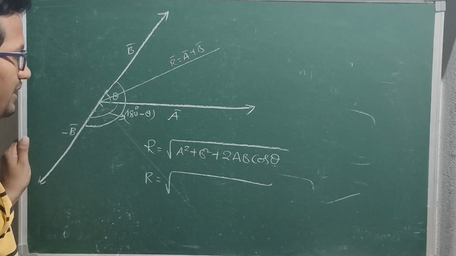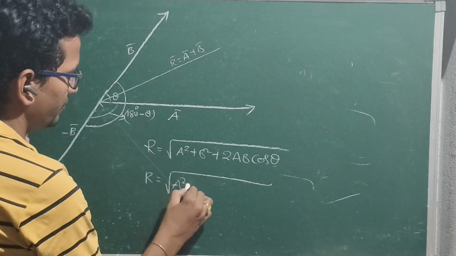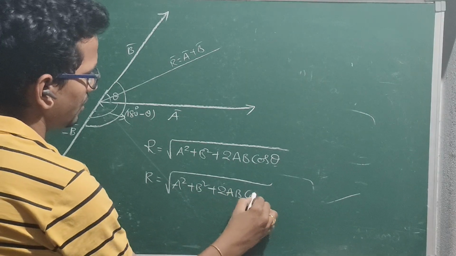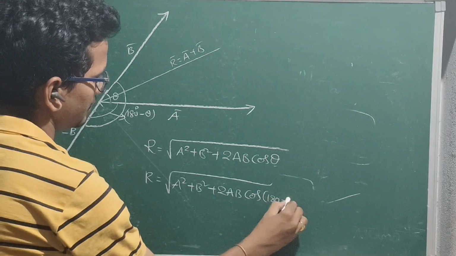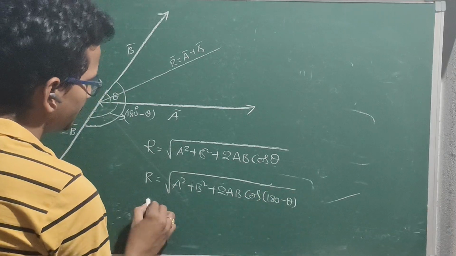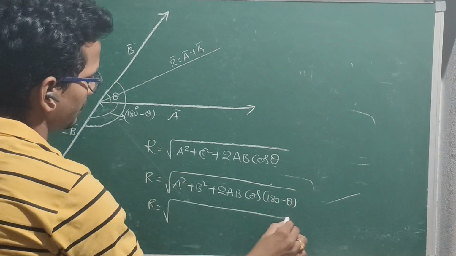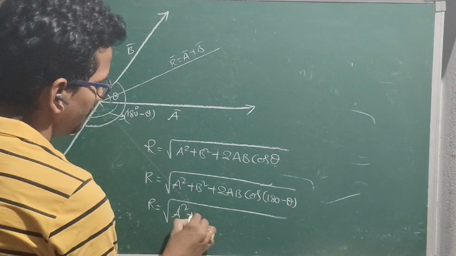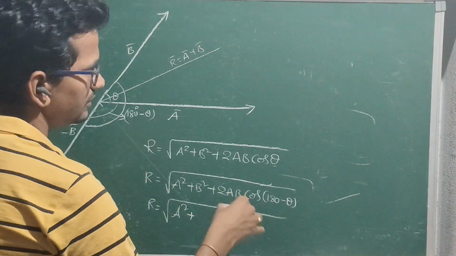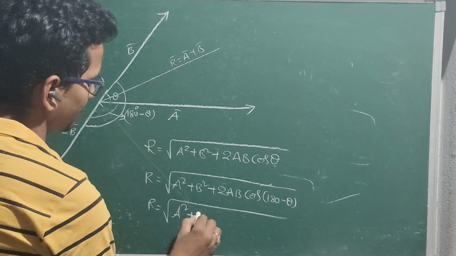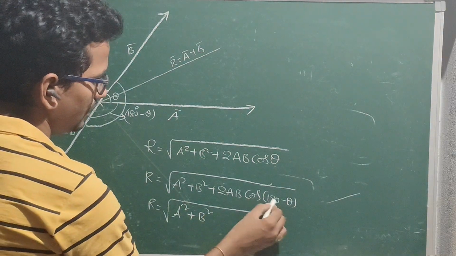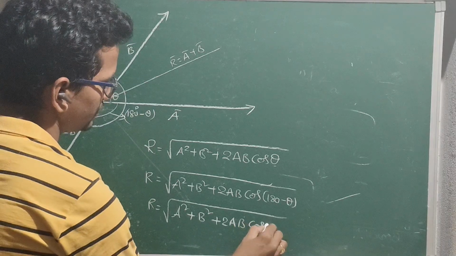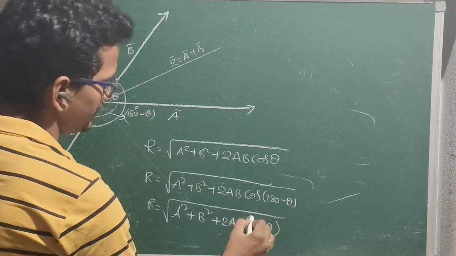That's a square plus b square plus 2ab cos 180 minus theta. Cos 180 minus theta is in the second quadrant. In the second quadrant, sine is positive, the remaining all are negative. With 180, cos becomes cos, sin becomes sin. So a square plus b square plus 2ab into minus cos theta.